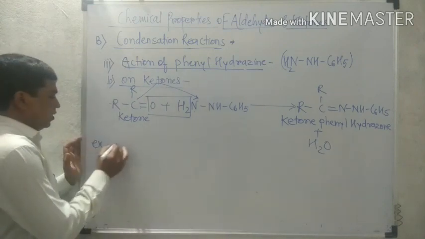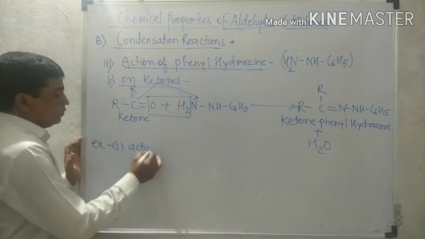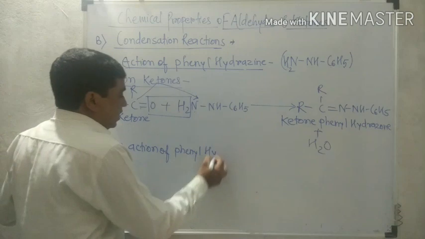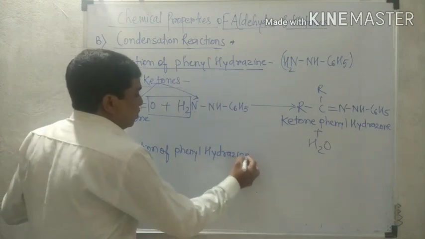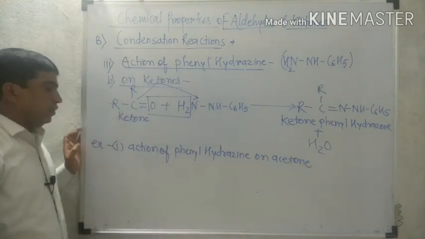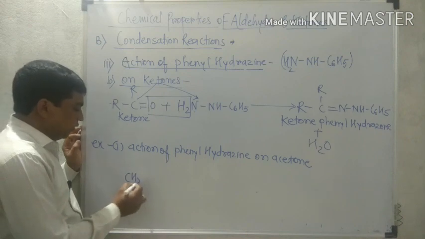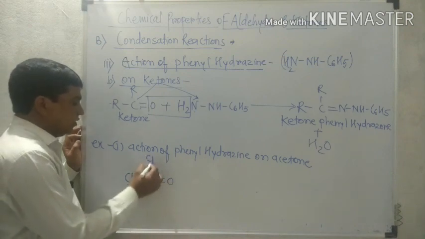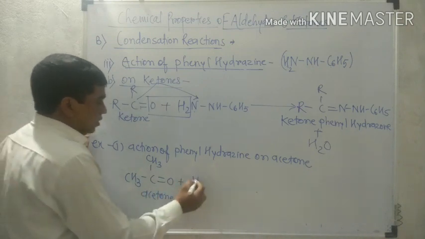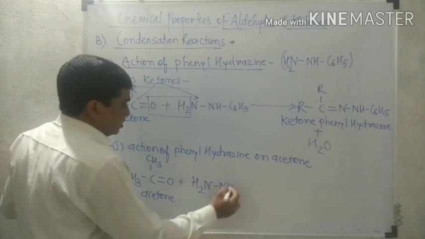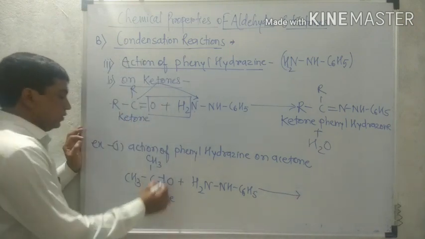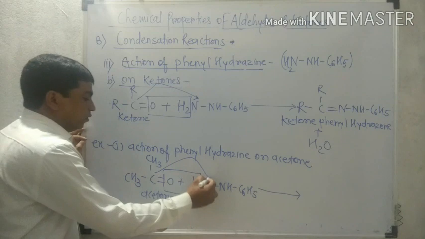Now the example, the action of phenylhydrazine on acetone. What happens when acetone reacts with phenylhydrazine? Acetone has the formula CH3COCH3. Reacted with NH2NHC6H5, that is phenylhydrazine, again H2O forms as a byproduct, with the double bond to nitrogen.